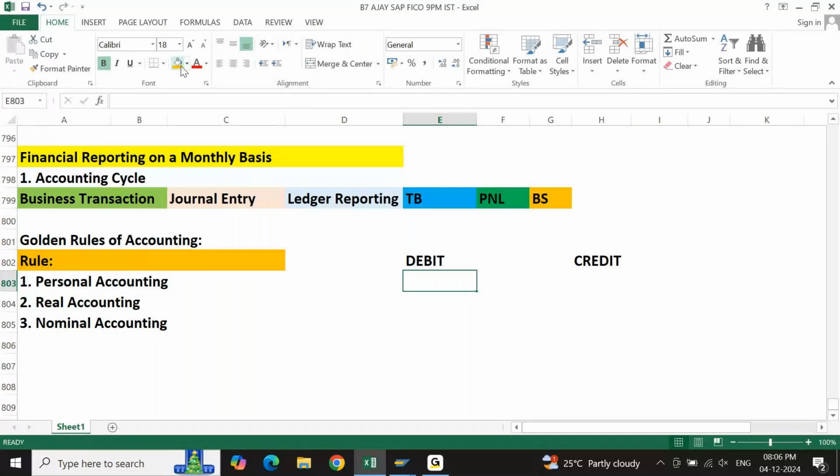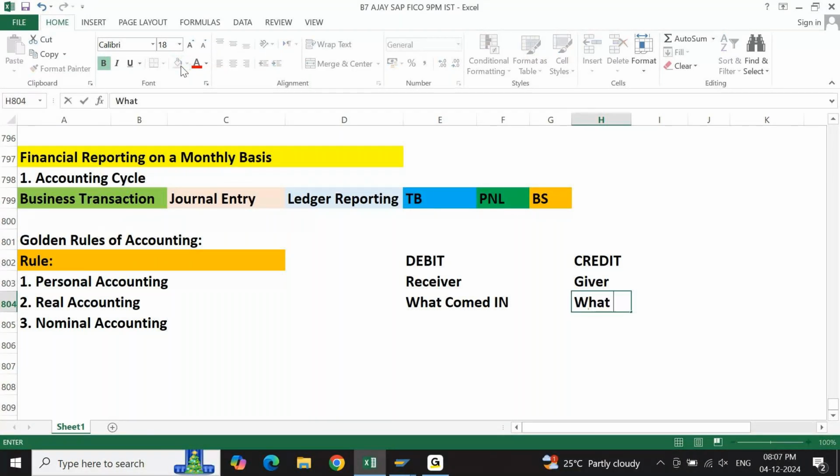Debit the receiver, credit the giver. According to real account, what we need to do? Debit what comes in, credit what goes out.